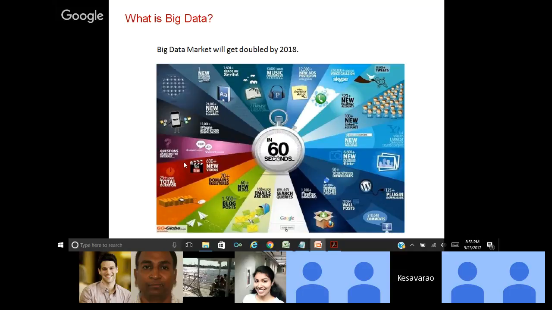You see news feeds and music streaming, new ads posted on Skype, search queries, emails sent, so many blogs posted, new videos posted. A lot of content, data becoming not just rows and columns anymore. It's a lot of videos and audios, and a lot of content management also coming into the picture. So, huge data sets.